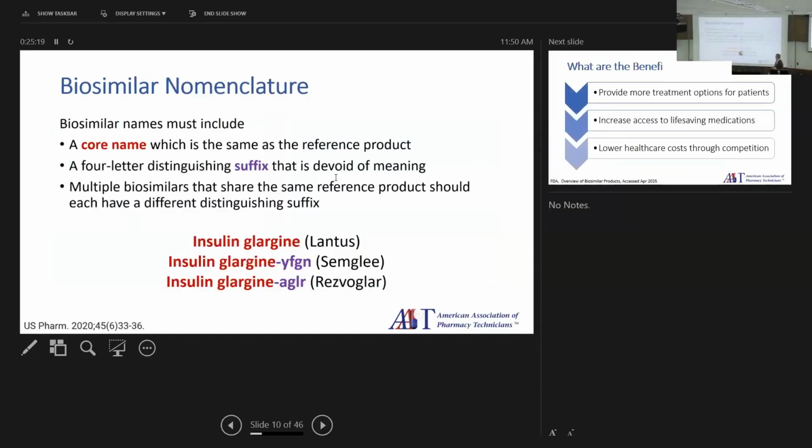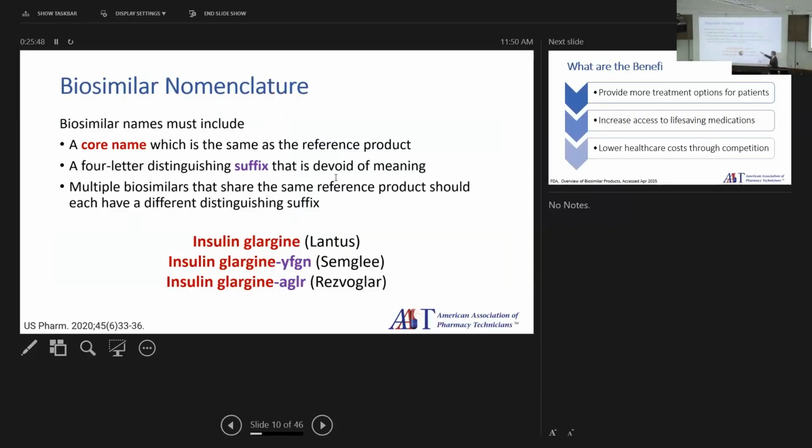So what's up with the nomenclature of biosimilars? Who decided on the YFGN, AGLR? What does that stand for? So biosimilar nomenclature, the FDA mandates that biosimilars should have the same core name as the reference product, followed by a 4-letter distinguishing suffix at the end. And so multiple biosimilars that share the same reference product will each have a different distinguishing suffix.